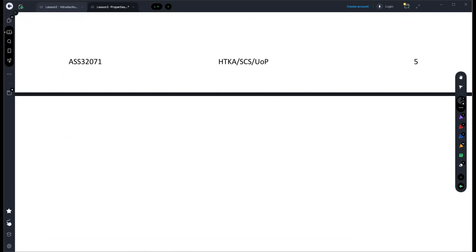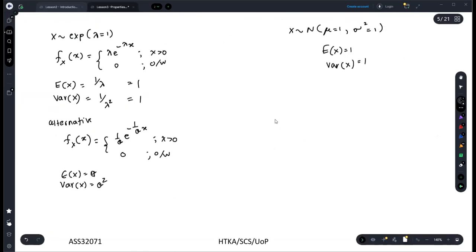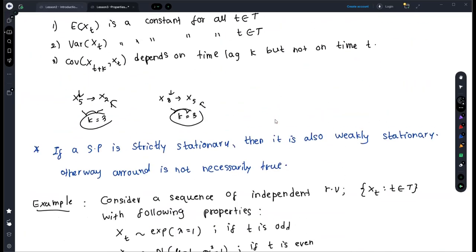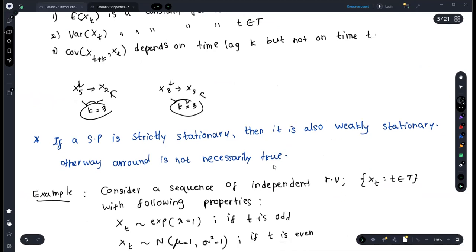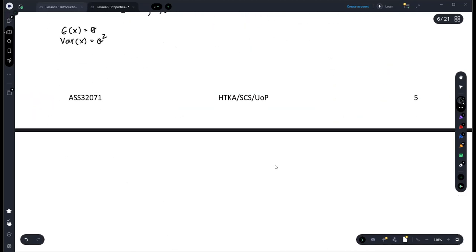Can you try to find the covariance between Xt plus k and Xt, right? How do you find the covariance? If you know these properties, you can easily figure it out.